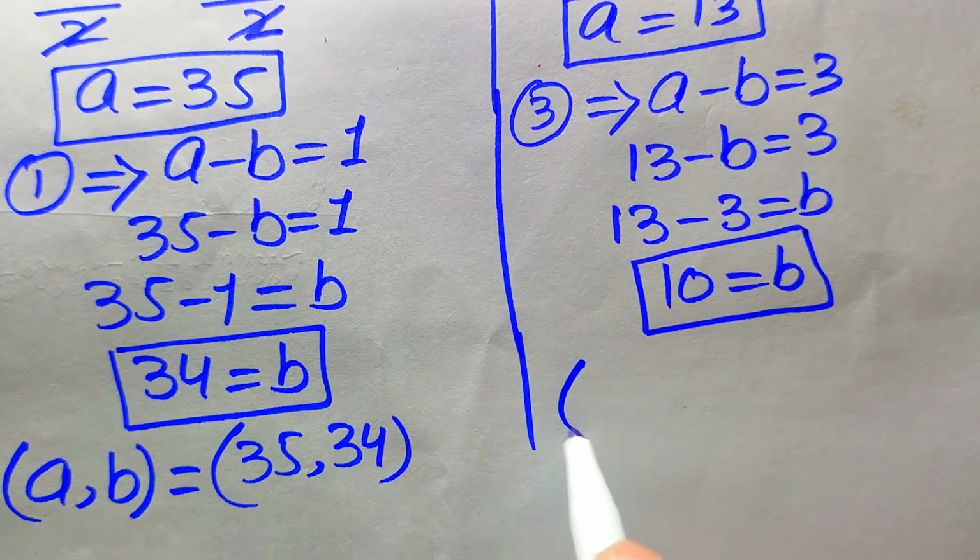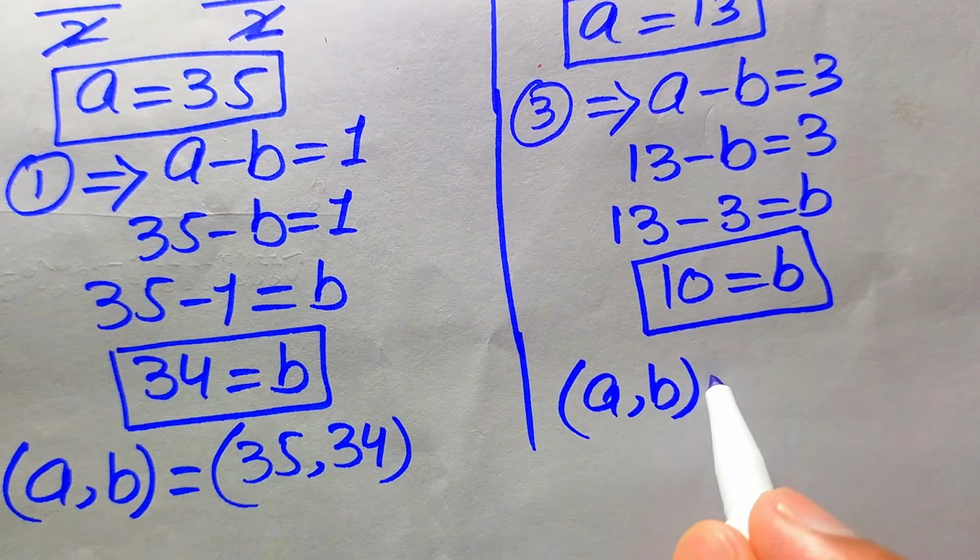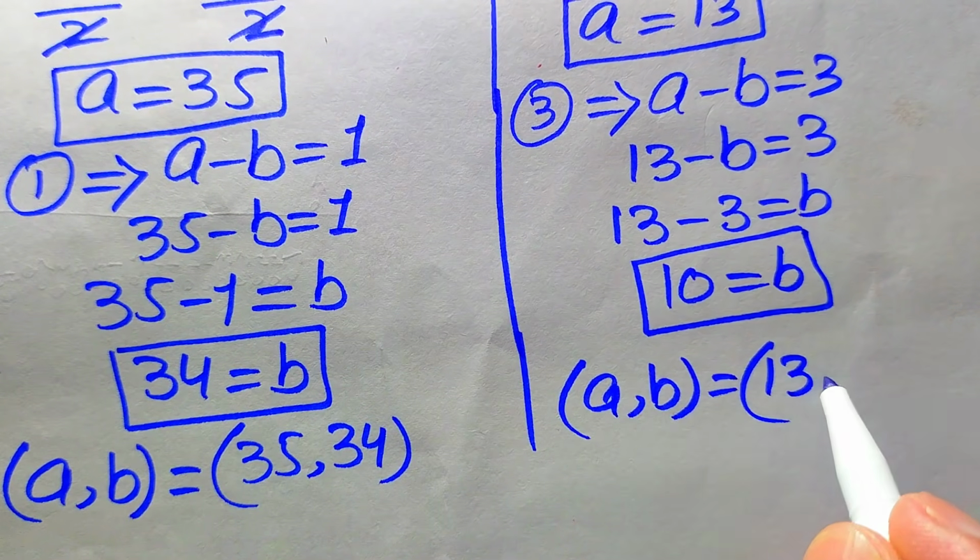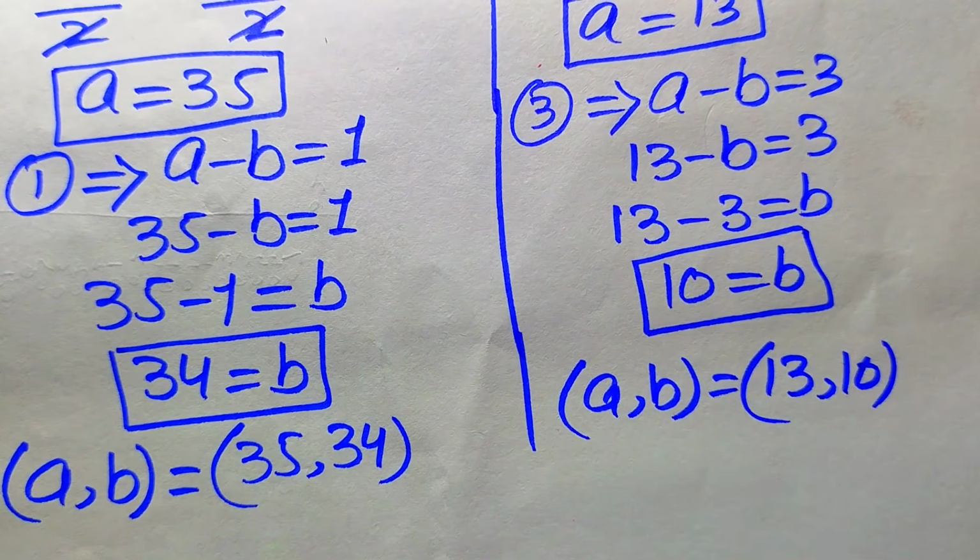So the second ordered pair of solution is (a, b) = (13, 10).